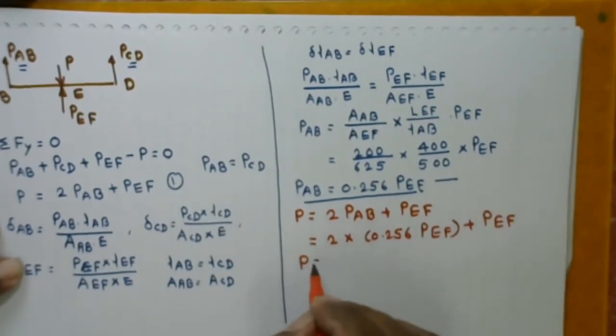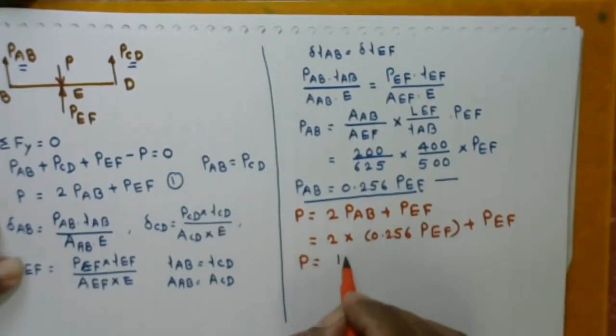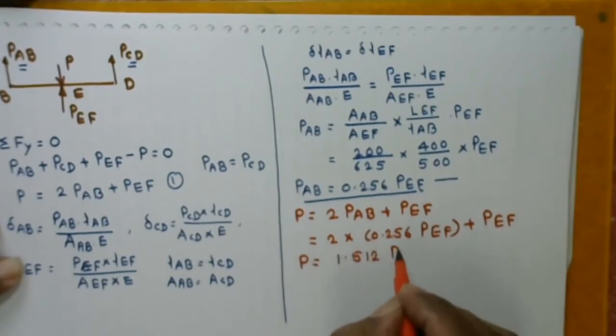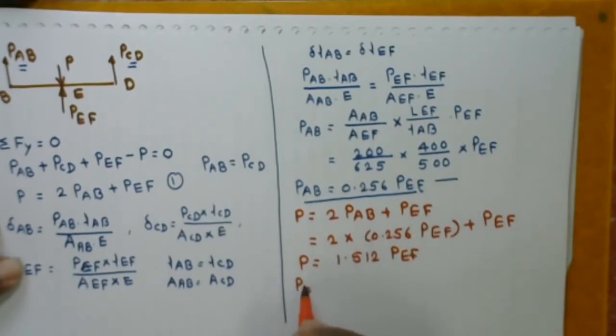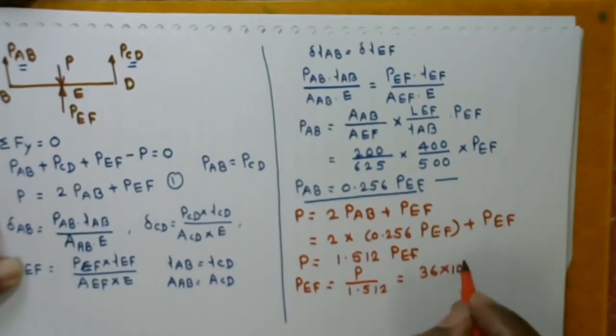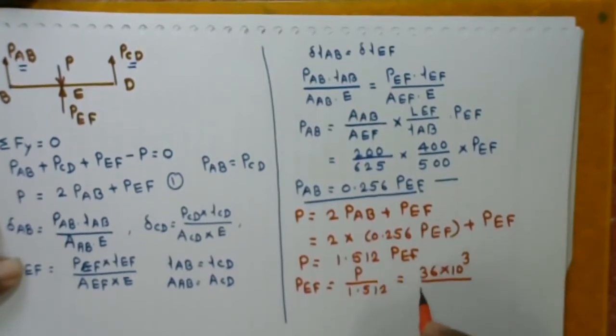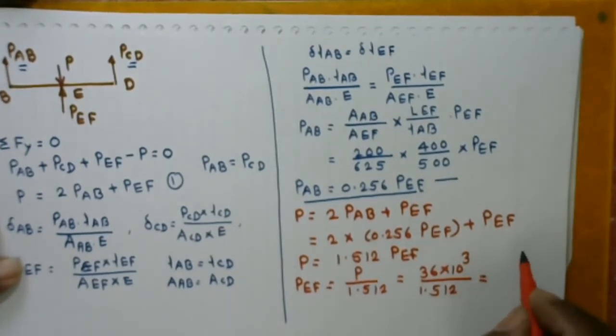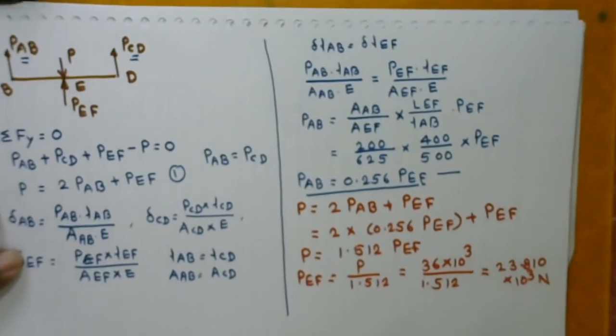So P is equal to 1.512 PEF. So PEF is equal to P divided by 1.512. P is given 36 into 10 raised to 3, converted into Newton, divided by 1.512. So that becomes 23.810 into 10 raised to 3 Newton.